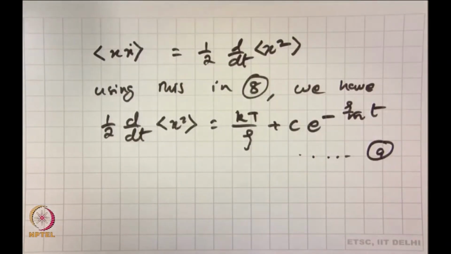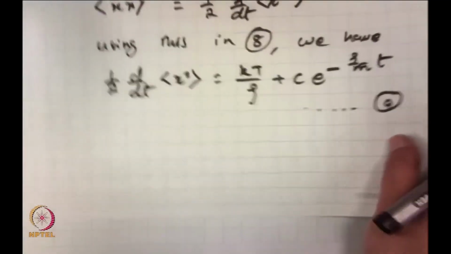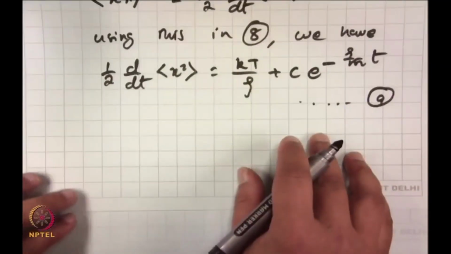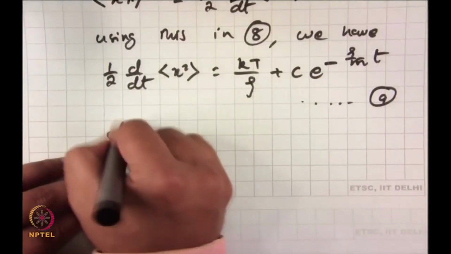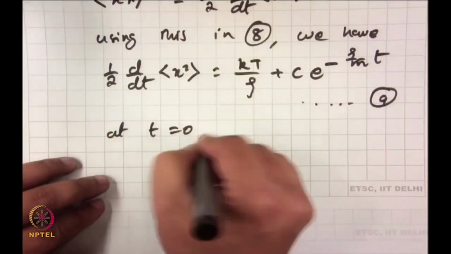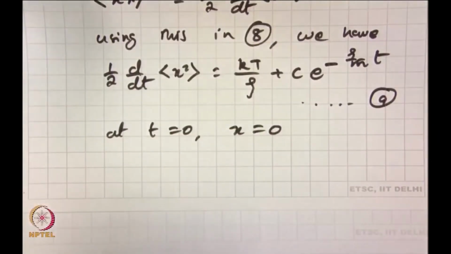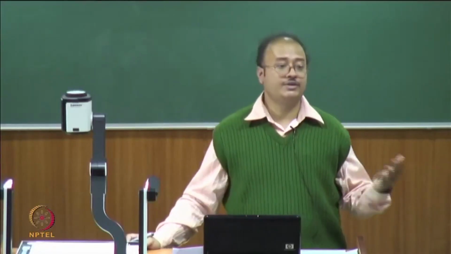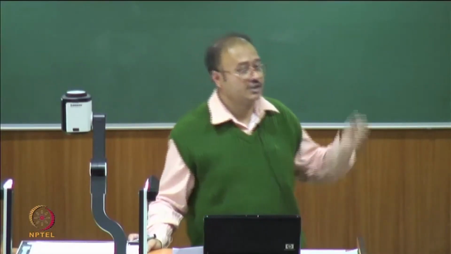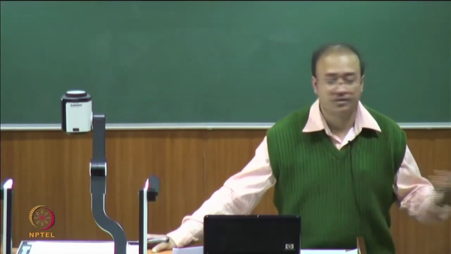Now what I do is I try to solve for c. The condition I take is that at t equal to 0, x is equal to 0. I can take any value, x equal to x naught, any constant. What I am saying is that when my time is 0, the displacement of the particle is 0.